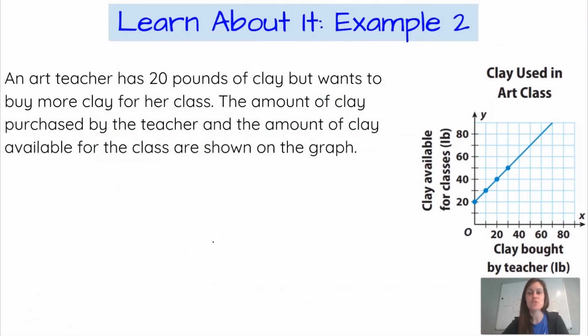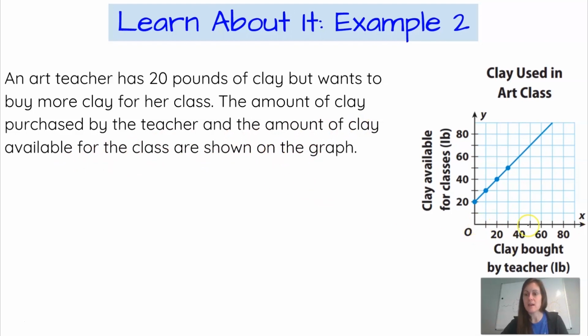In example number 2, we're going to be looking at a graph to help us identify the independent and dependent quantities. So let's take a minute and read the problem scenario and make some connections to the graph. An art teacher has 20 pounds of clay, but wants to buy more clay for her class. The amount of clay purchased by the teacher and the amount of clay available for the class are shown on the graph.